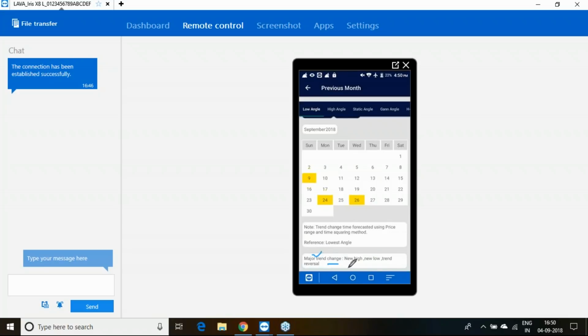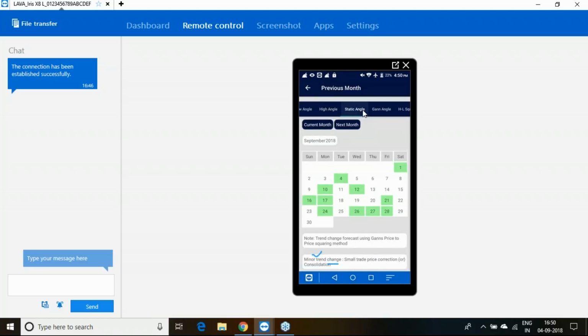One is the major trend change dates and another group will give you the minor trend change dates. Major trend change means at that time a new high, new low or a trend reversal may happen. Whenever I say it's a minor trend change, it may be a consolidation, or a small correction in the price. These are the minor trend change dates you can also see.